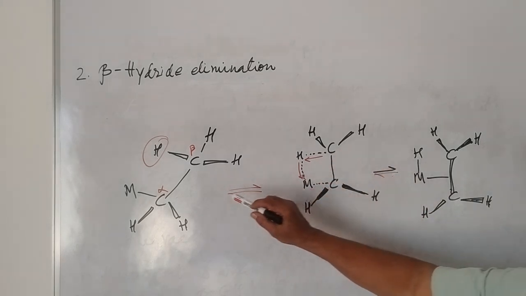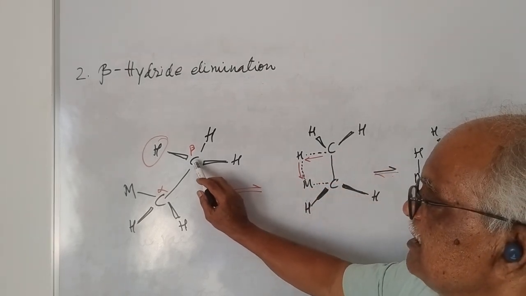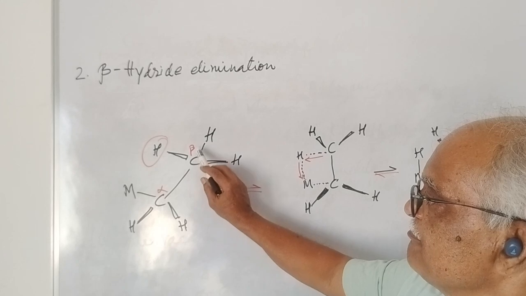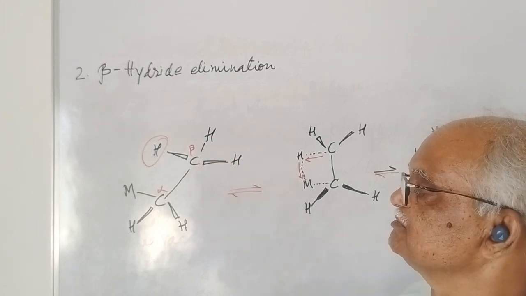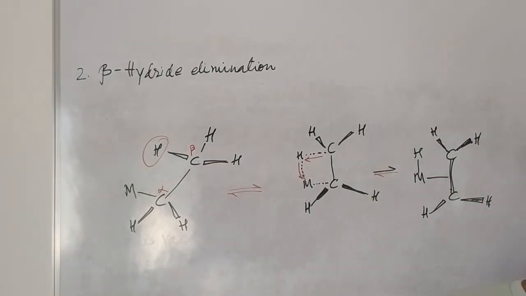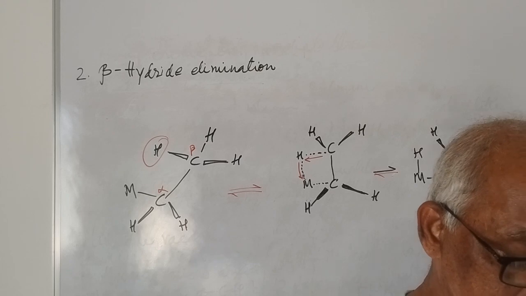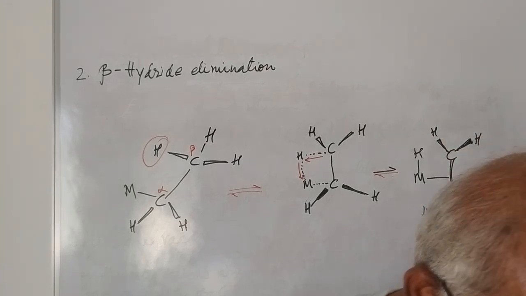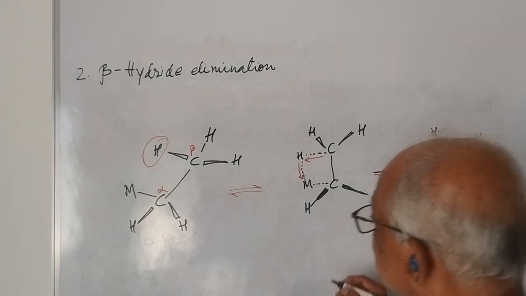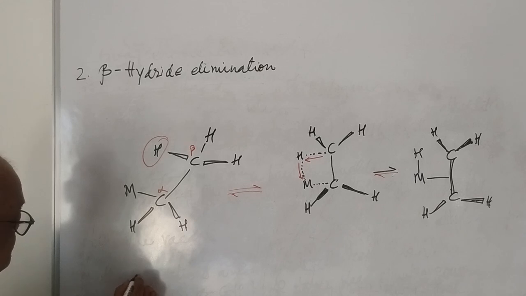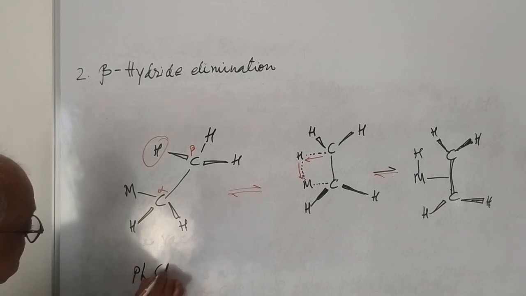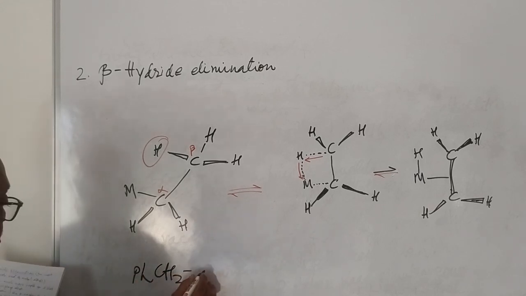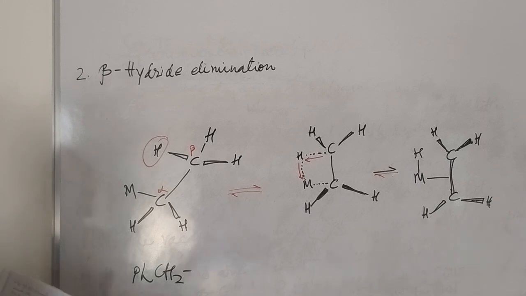If there is a carbon and no beta hydrogen available, then this reaction will not take place. For example, if we take the PhCH2 group, then here there is no beta hydrogen.